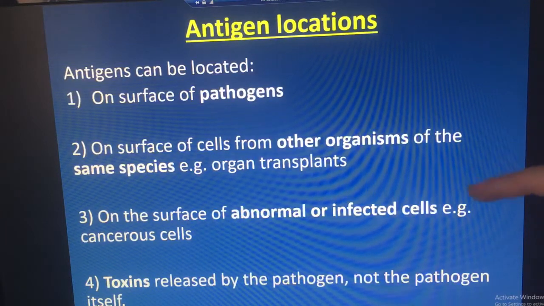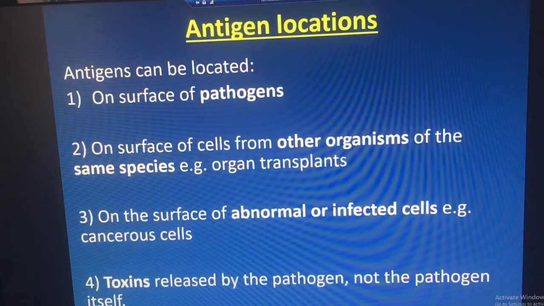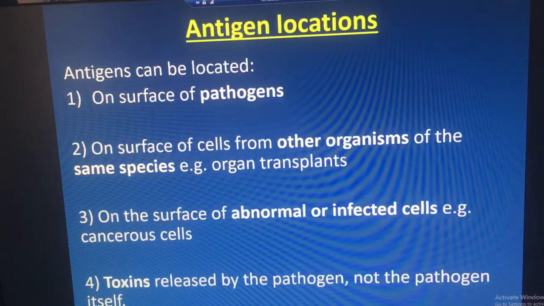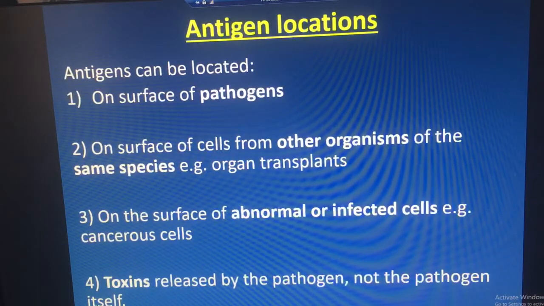So for example, when we have organ transplants, the cells that make up maybe the transplanted heart will have slightly different antigens on its surface to the antigens that would be found in the person that's going to receive the heart transplant. So our immune system may recognise the antigens on the heart to be transplanted as non-self antigens, and that's why we end up having immune responses generated in transplant patients.